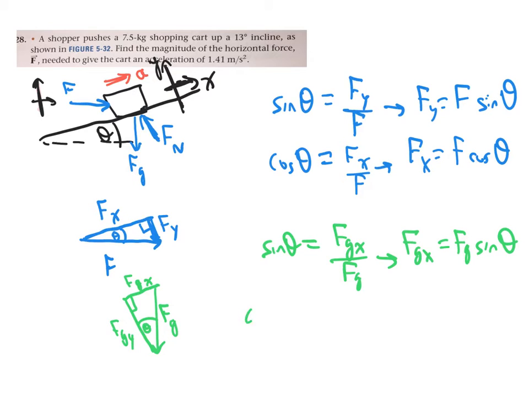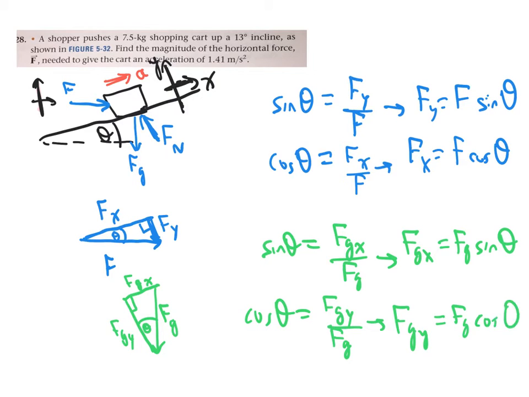And then likewise, the cosine of theta is going to be the adjacent side divided by the hypotenuse. So that's going to be Fgy over Fg. And so Fgy, sorry, that came out pretty badly in the writing. Let's try that again. Fgy is Fg cos theta.